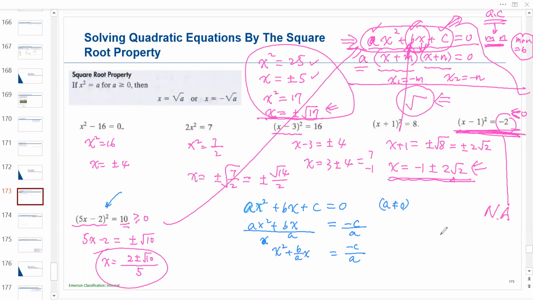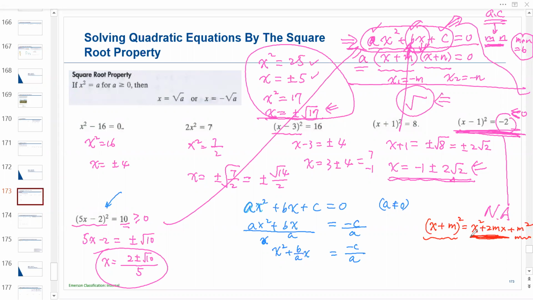So the most critical step is next. What do I have to do here? For you guys to understand better, take x plus m squared. This is equal to what? x squared plus 2mx plus m squared, right? If you are given these two terms and want to make a perfect square, you need the third term, right?